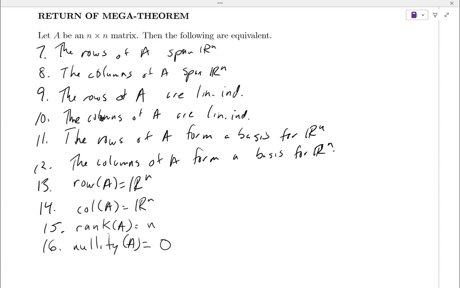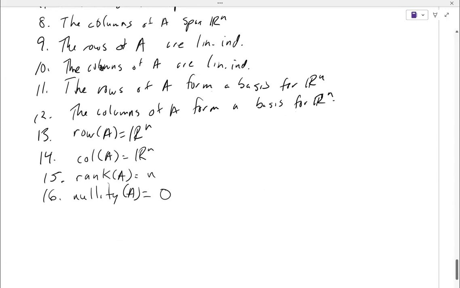Yeah, if you want, the null space would be just the 0 vector. I can add that one. Sure, might as well add it. The null space of A is just the 0 vector. That's a good one. One I probably would have added later when I realized I didn't include it.